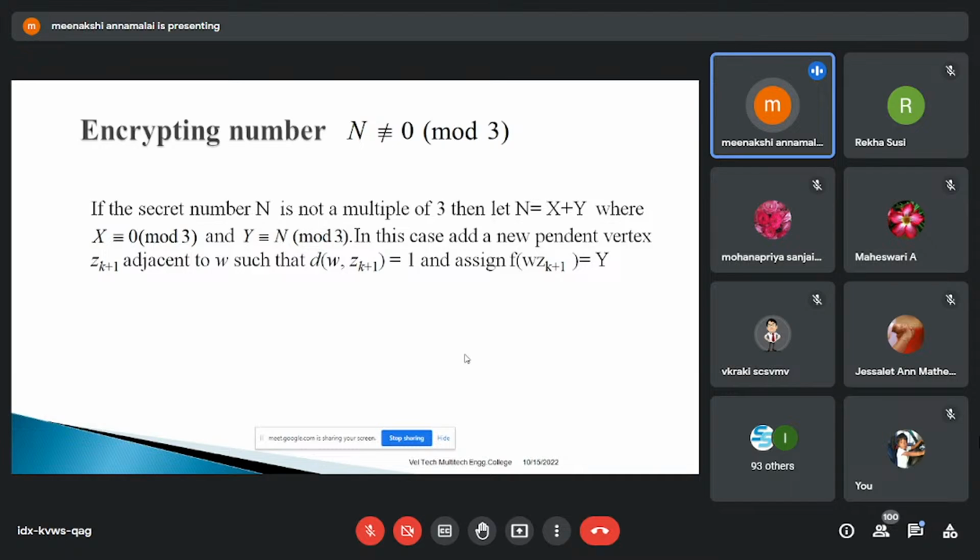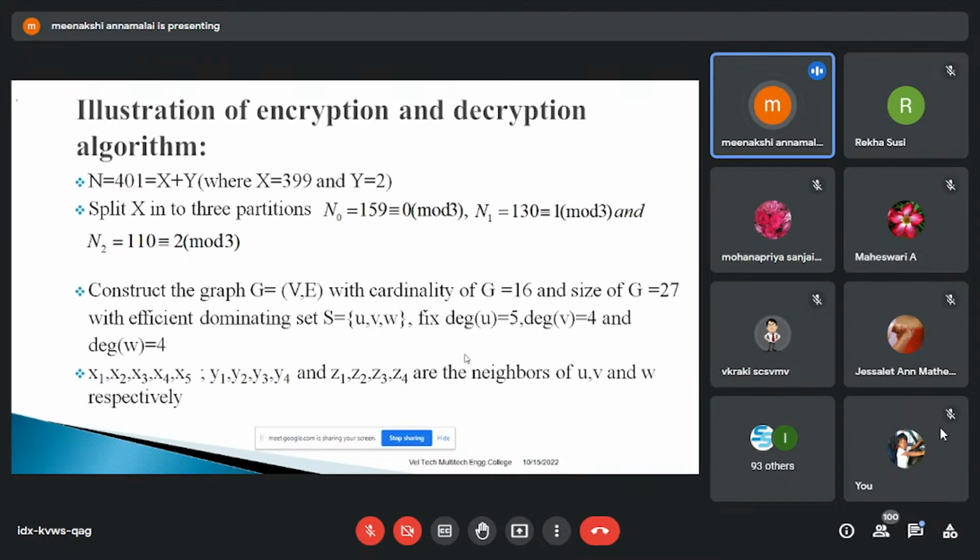One is divisible by 3, and the next one is the rest of the value, so X plus Y. We don't want to give importance to Y. So we separate the biggest value that is divisible by 3 from 401, that is 399. The rest of the value is only 2. If I mark the 2, it is not a big thing. If you assign a very big number, it will affect that. That's why I did it here.